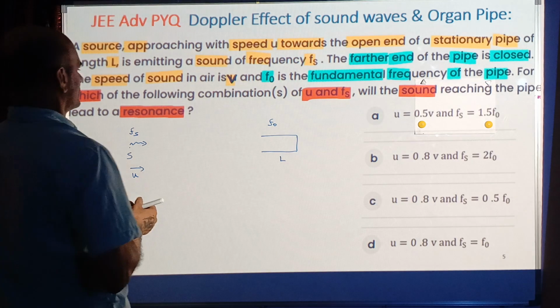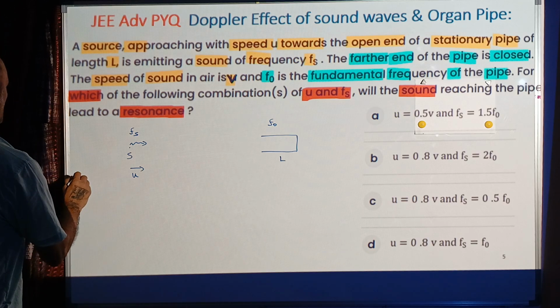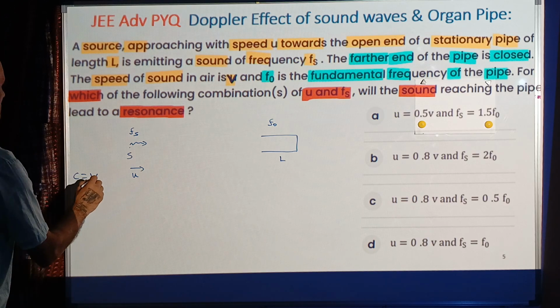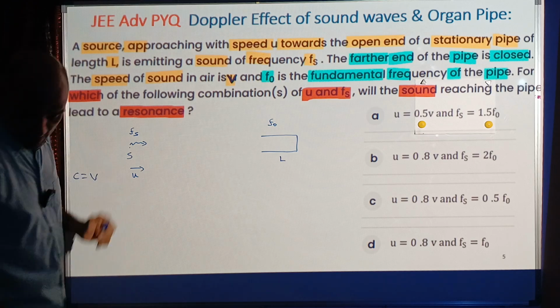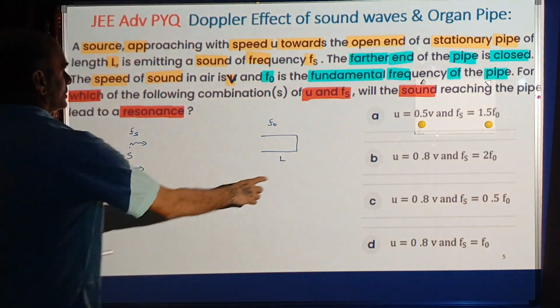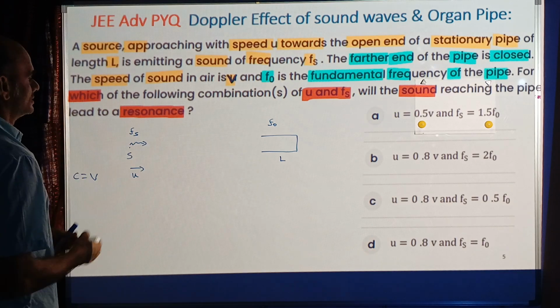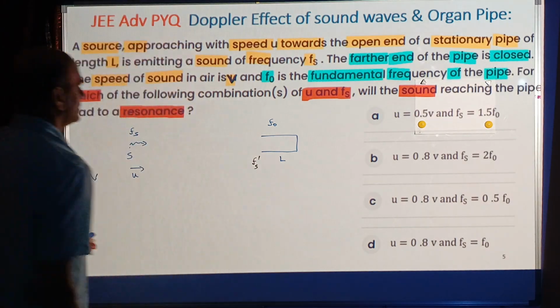Sound speed is v. I have used symbol C for sound speed, so sound speed is v. So this sound, as it reaches this stationary pipe, its frequency will be different. Let me call it Fs prime.